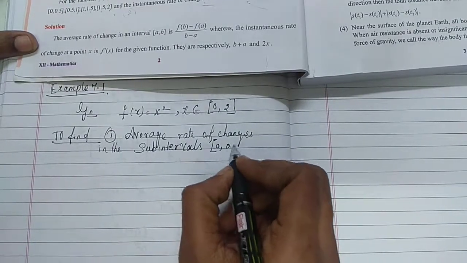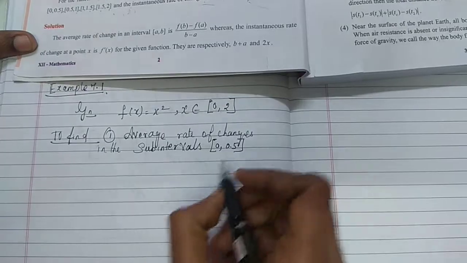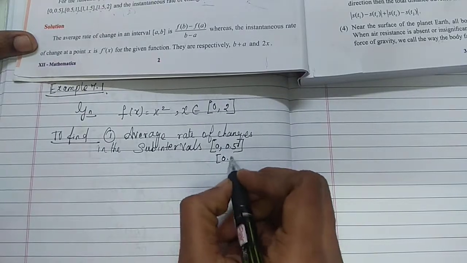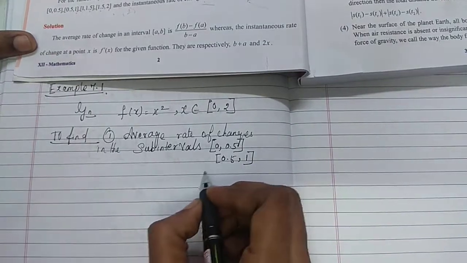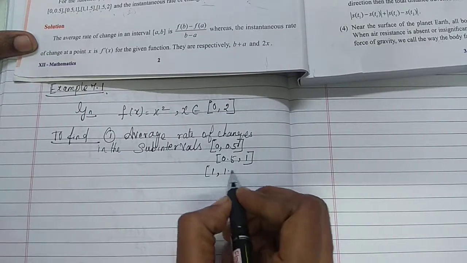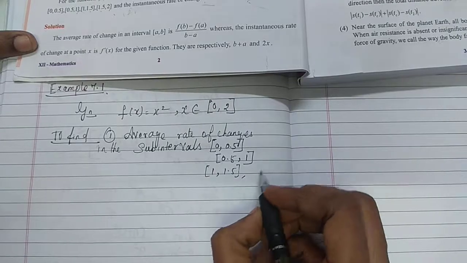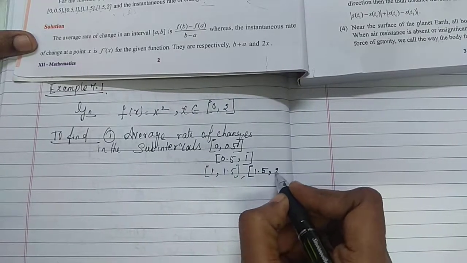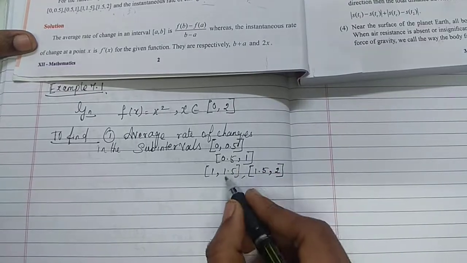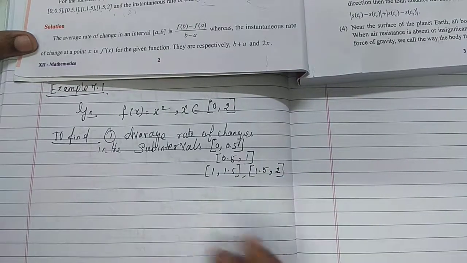0 to 0.5 closed interval and 0.5 to 1, 1 to 1.5 also, and 1.5 to 2. All the 4 intervals are closed intervals.